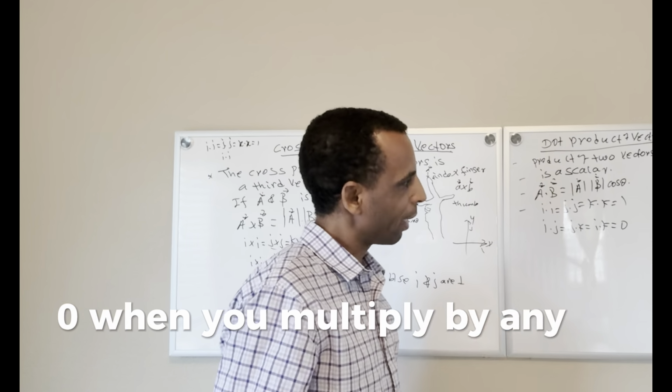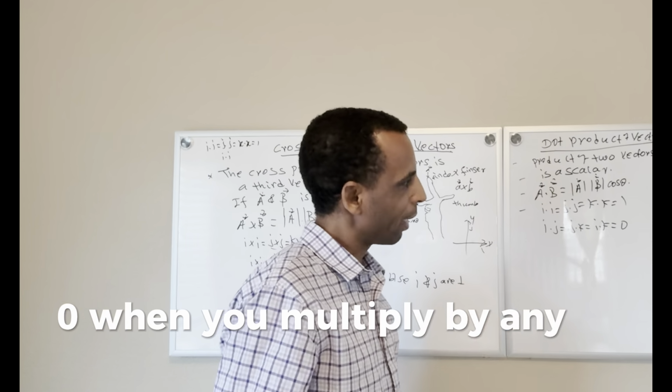So here, I cross j equals j cross K equals I cross K equals 1.